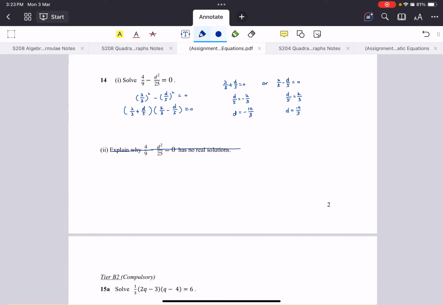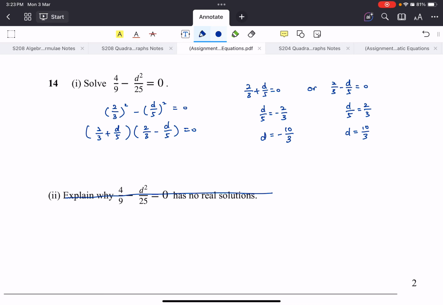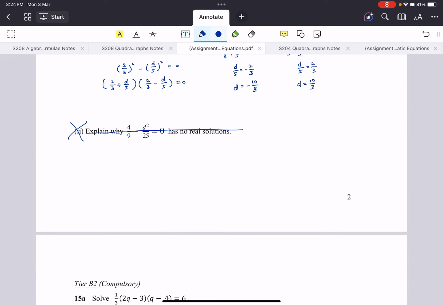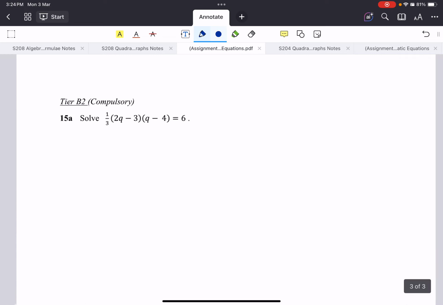Let me double confirm, running through my mind. Square this, divided by 25. Yeah, there's a real solution. So there's an error with the question. I'll ignore this and mention it in class.